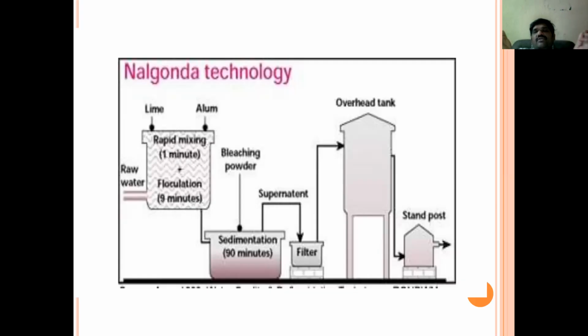By doing so, suitable amount of floc will be formed. Here, raw water is entering into the container where the lime and alum are added. After 1 minute of rapid mixing, flocculation will be observed. At that particular time, it is sent to the sedimentation tank.